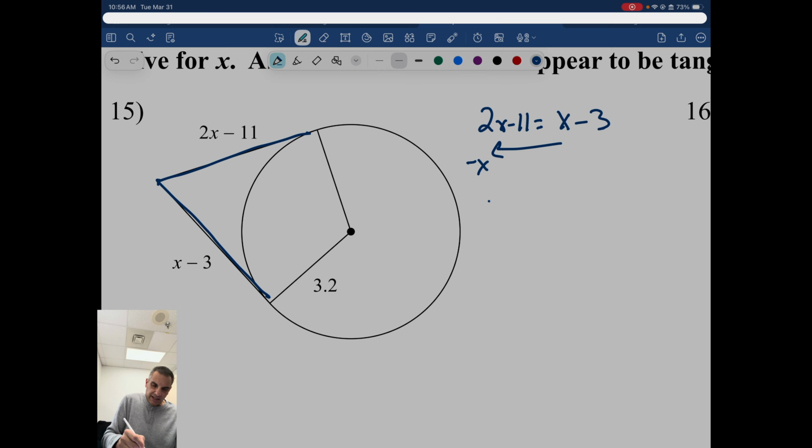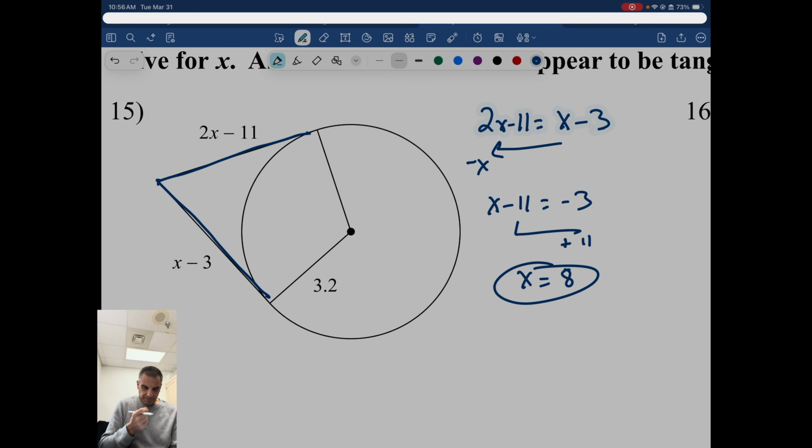I'm going to subtract x. That gives me x minus 11 equals negative 3. Going to add 11. Get x is equal to 8.